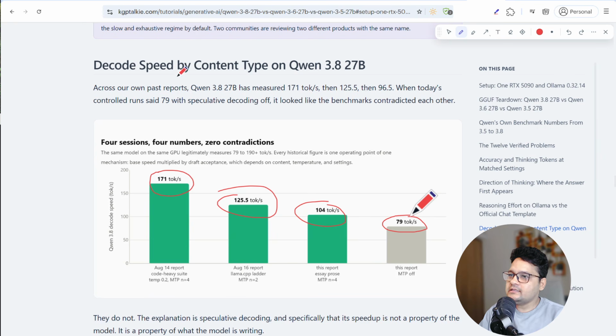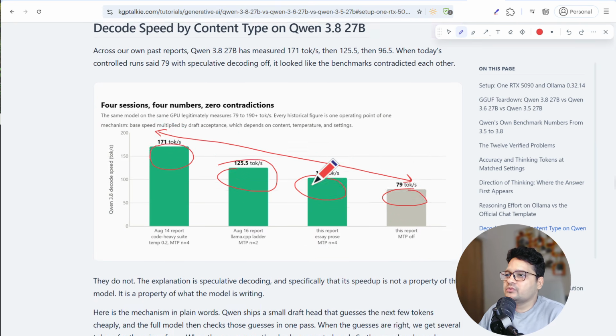Now the question is, why is this speed changing over time? Why is it decreasing? It is not because of time, as we are testing over a period of time. It is not because of that that the speed is going down. There is a different reason which I wanted to share with you.